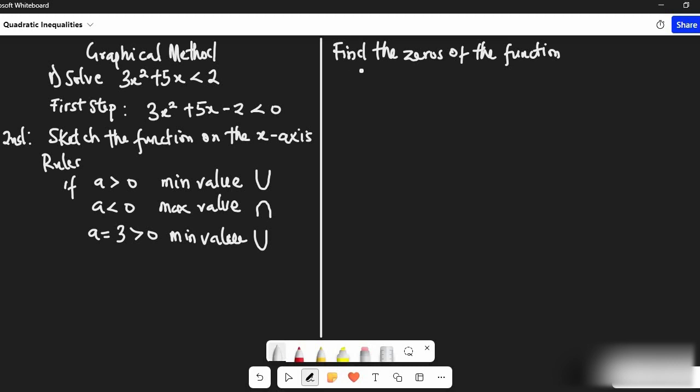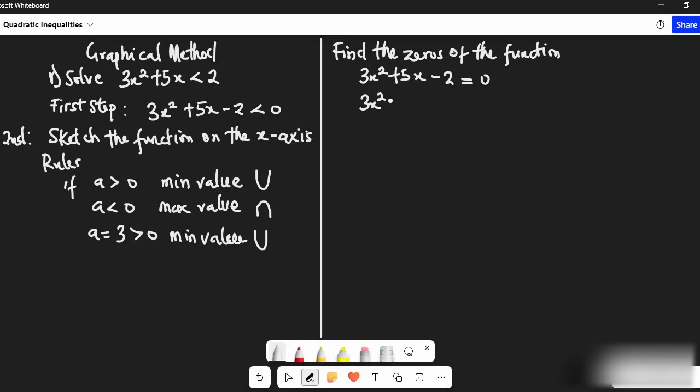So to find the zeros of the function, you simply equate the quadratic function to 0 and find the roots of the equation. Now we can do this by two methods as we had shown earlier, the factorization method and the quadratic formula. So I'm just going to use the factorization method here.